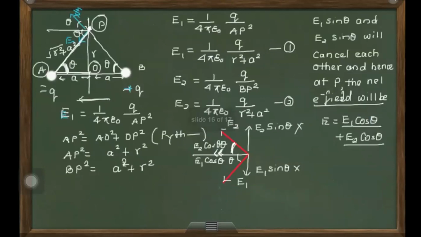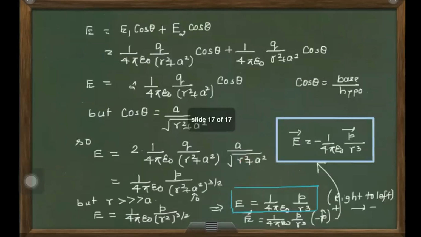You have to make the figure, then show the direction of E1 and E2, then write the value of E1 and E2, and then resolve E1 and E2. E1 sin theta and E2 sin theta will cancel. Only E1 cos theta and E2 cos theta will be there. Those will be combined, and then you will get this answer.